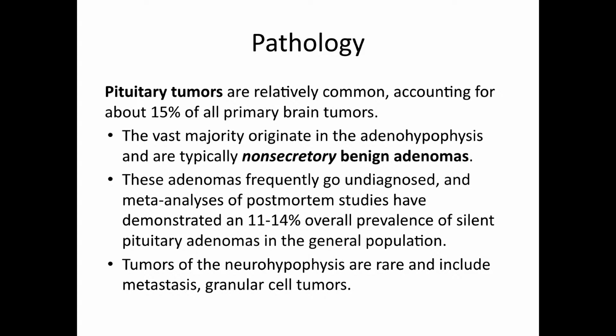Mostly in the pituitary we have adenomas, the most common tumor there, and as I mentioned, they are adenohypophyseal adenomas. Neurohypophyseal tumors are really rare, and they include mostly metastasis, or some granular cell tumors.